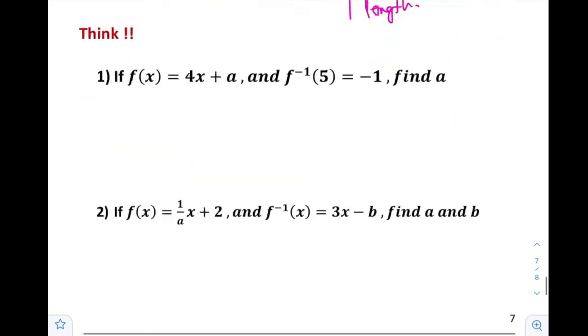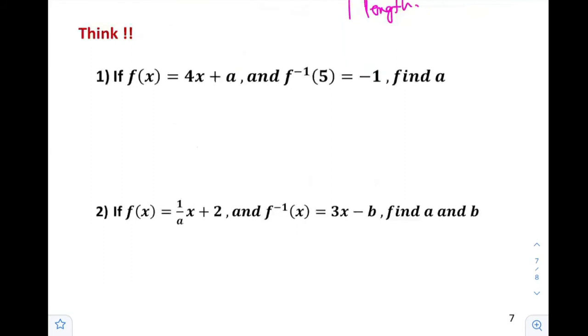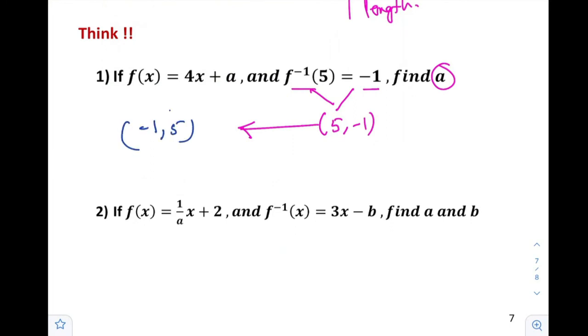Now, let's think. If f of x is 4x plus a, and f inverse of 5 is minus 1, find a. From here only, we can know that the point (5, minus 1) belongs to the inverse function. So that means the original function f has (minus 1, 5). So this belongs to the function f of x.